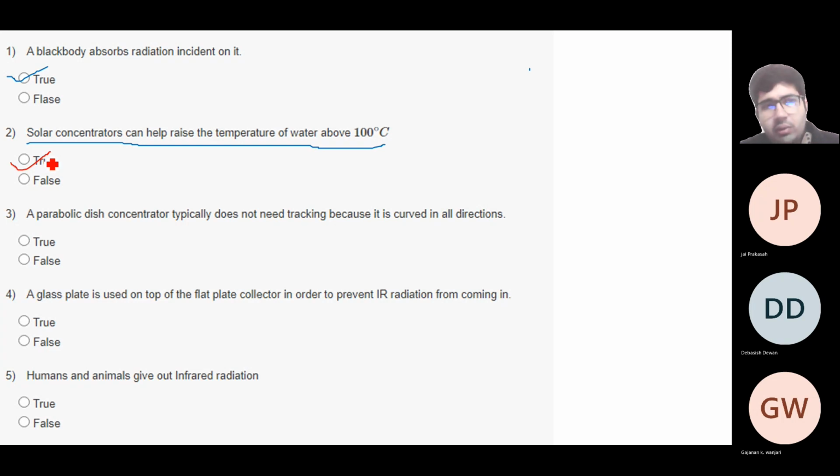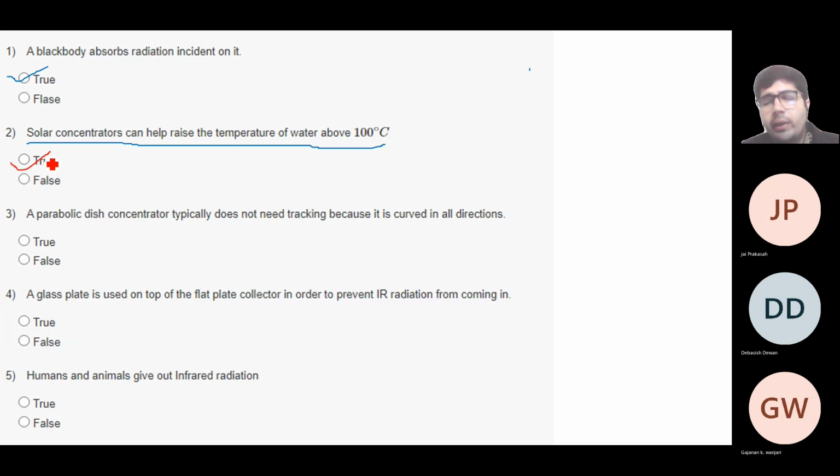Because the Earth is rotating throughout the day, the position of the sun with respect to our location is changing. So do we need to track the sun to get the maximum solar radiation?